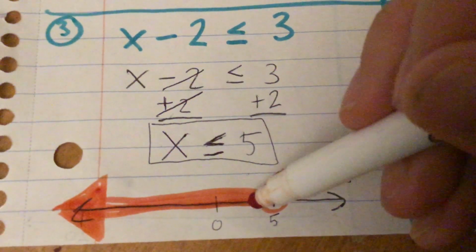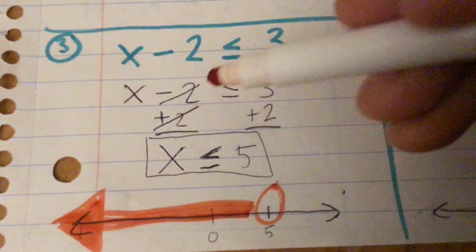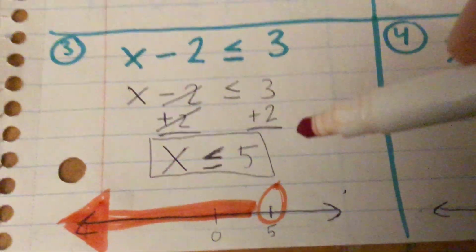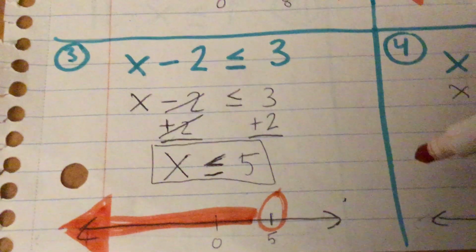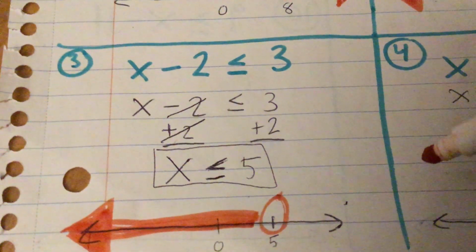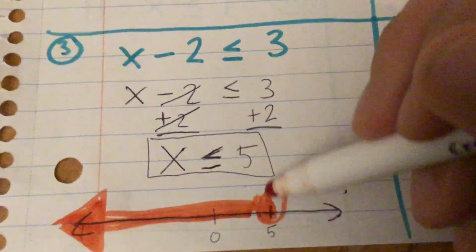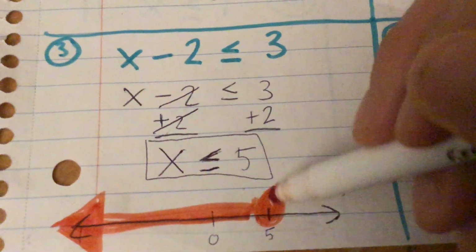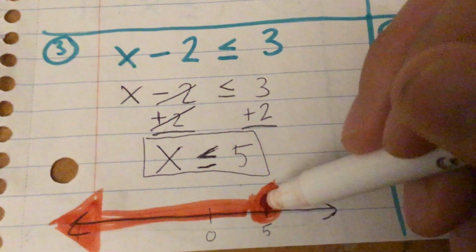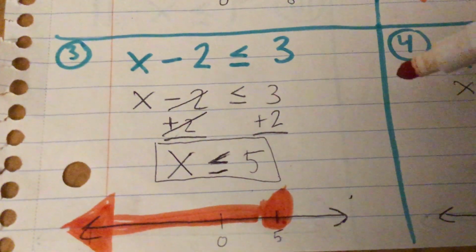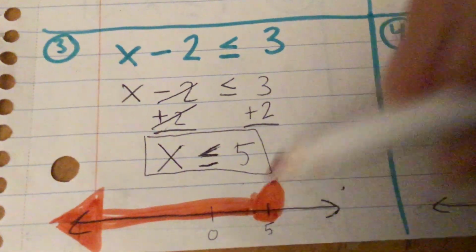All right. And now, x is less than or equal to 5. Is 5 actually included in the solution set? Yes. So I'm going to color it in. So if x can, in fact, equal 5, we fill in, and anything that is shaded is a true statement.